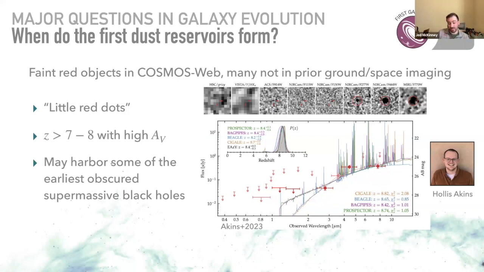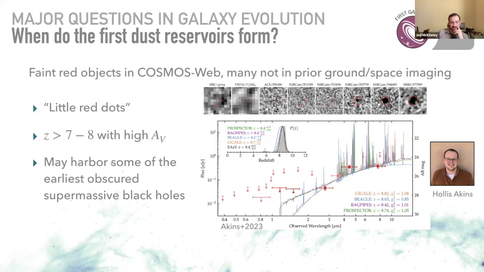Little red dots are this enigmatic population with an uncertain blend between star formation and black holes. Some spectral follow-up has certainly found broad-line regions in these galaxies. So we know some subset have growing supermassive black holes. Whether the obscuration is happening on the torus level or on the host galaxy scale isn't understood yet.